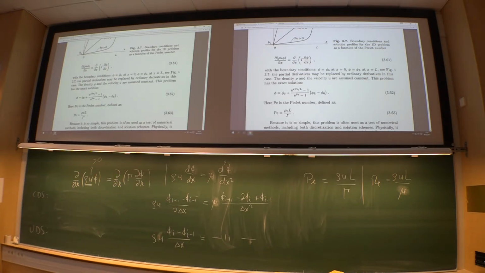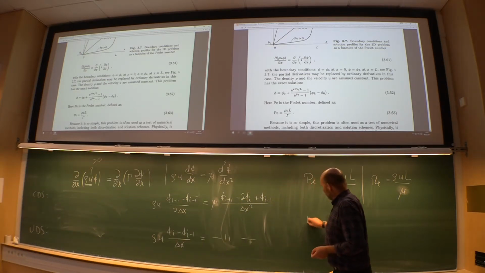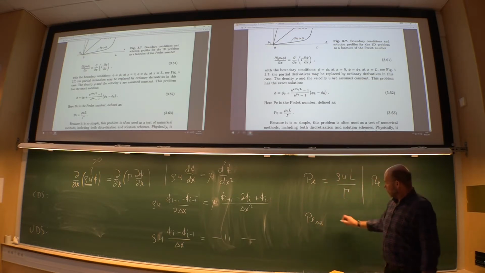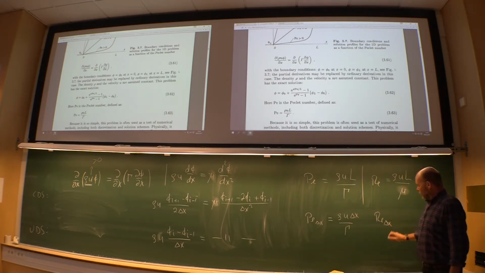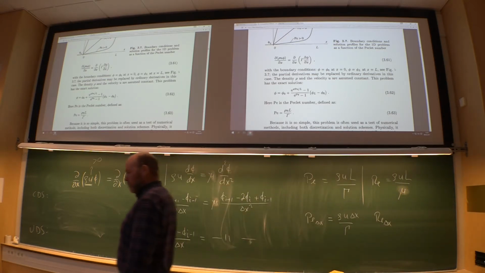So this would now be a bulk Reynolds number in the problem based on a length scale big L. That is quite okay. What we're also going to need is a cell Peclet number, based on the length delta x. So that should now read rho u delta x over gamma, or if you want, use the Reynolds number based on a length scale delta x. Cell Reynolds number, cell Peclet number.